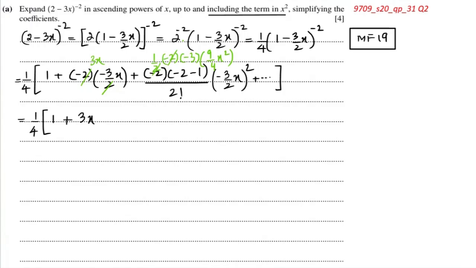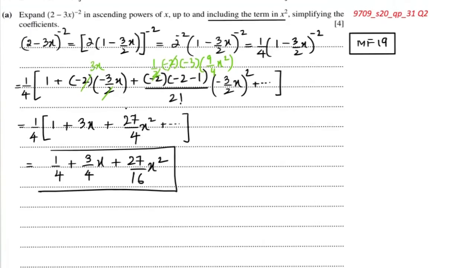So this will be plus 27 divided by 4 x squared and dot dot dot. So now I just expand my bracket and that will be my answer. 1 over 4 plus 3 over 4 x plus 27 over 16 x squared. This is the expansion.